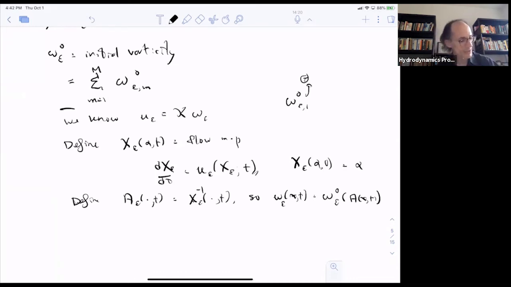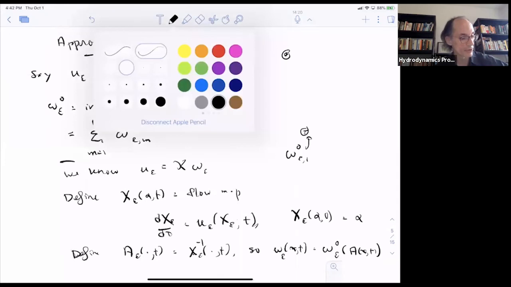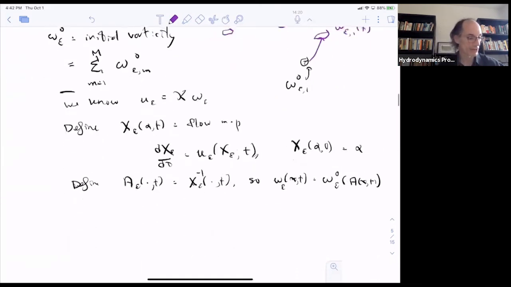And so what I'd like to do is, let time evolve. This flows over here. We can imagine these flow around. And I'd like to call this omega epsilon 1 at time t. And so how do I define that?